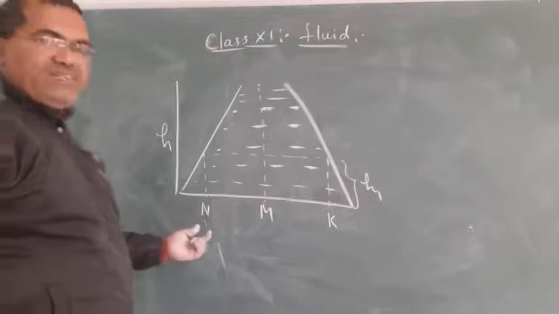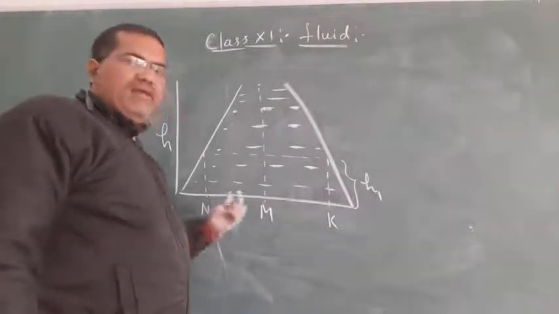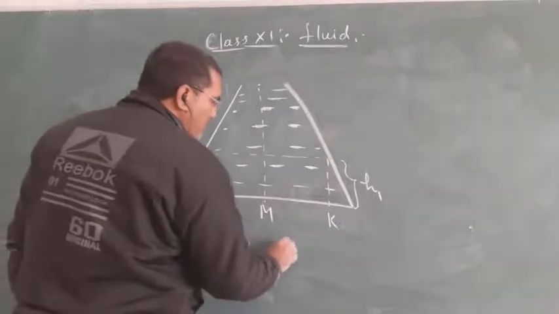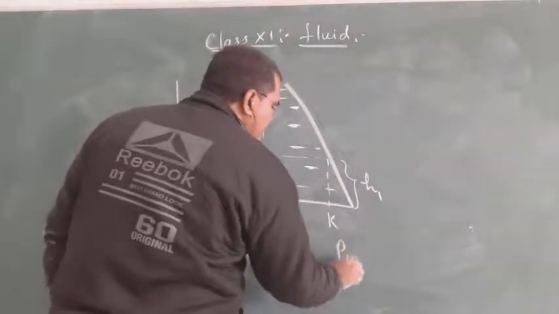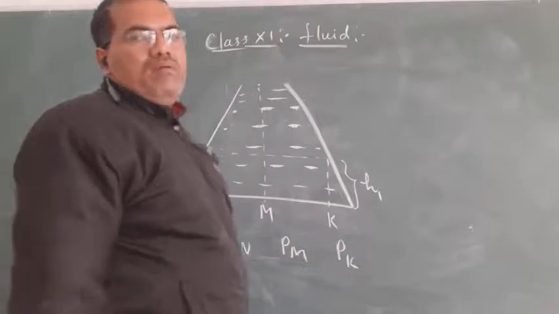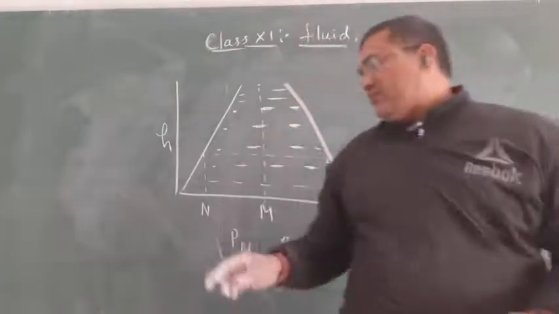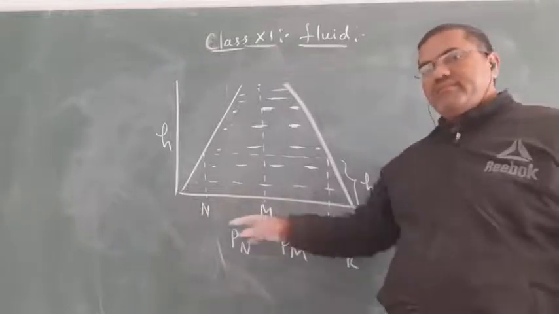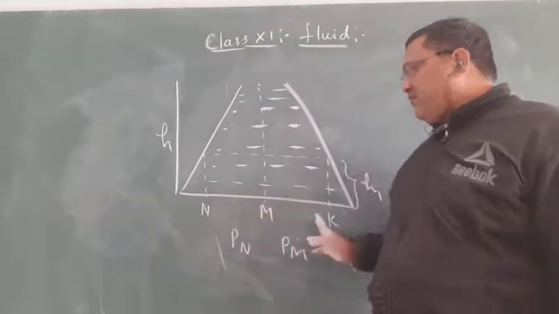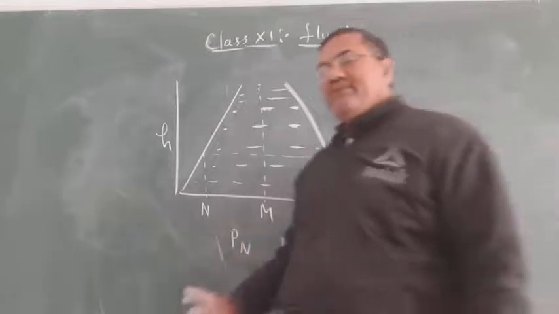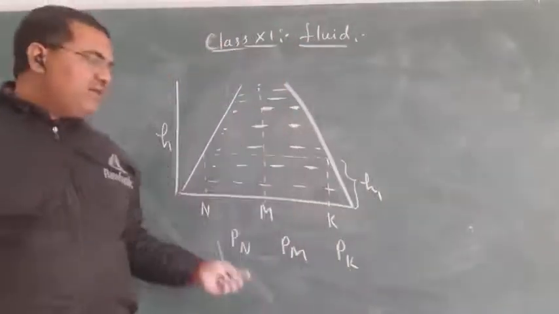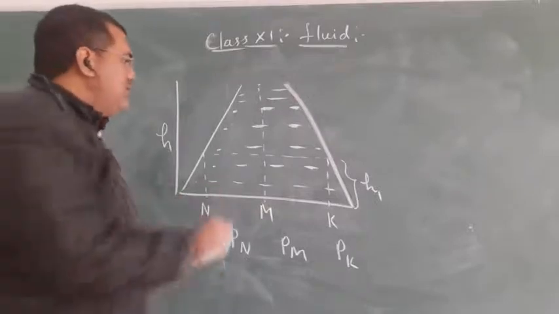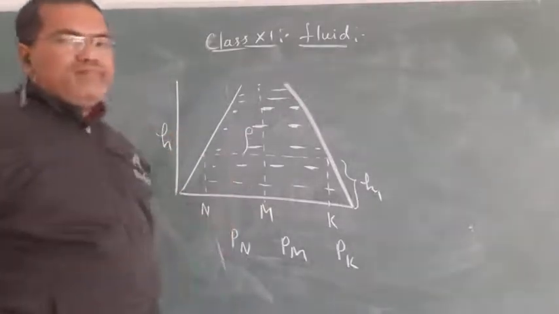So what is the relation between pressure at M, N and K, that is Pm, Pn and Pk? Just do it. There are three points, and you have to find the relation between the pressures at those points. And the liquid density is rho here.